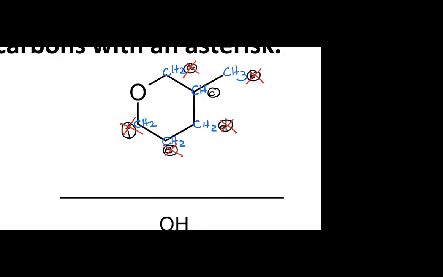Now let's look at C, okay? And let's look at the situation of C. C is bonded to hydrogen on one side, CH3 on one side, CH2 on one side, CH2 on the other side.